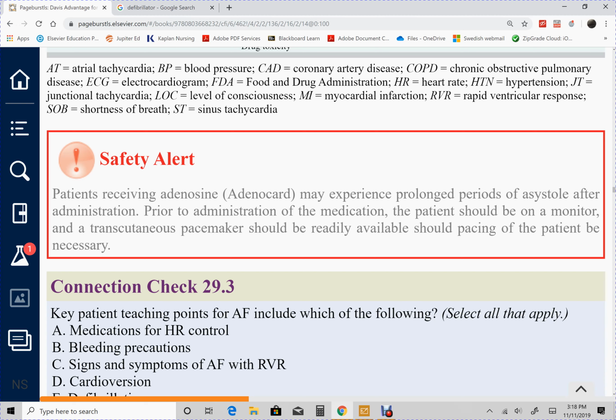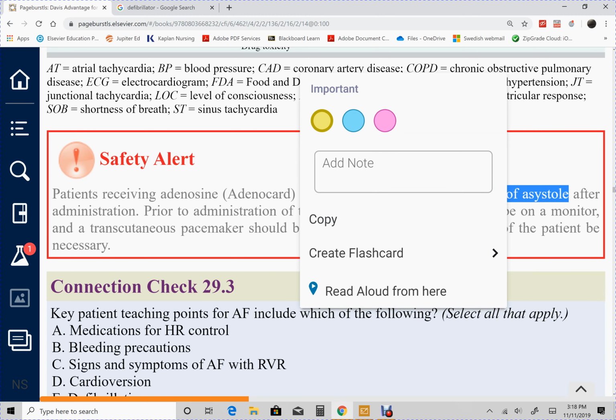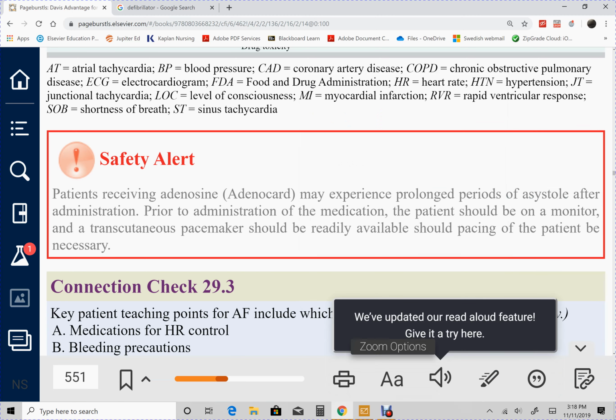Now, this is expected. However, if the patient experiences a prolonged period of asystole, then you must have emergency equipment available at the bedside. So the crash cart will be at the bedside, because if the patient goes into a prolonged asystole, then management would be the same as how you would treat asystole, which is you give the patient epinephrine, or if needed, atropine or put on a pacemaker, a transcutaneous or a temporary pacemaker.